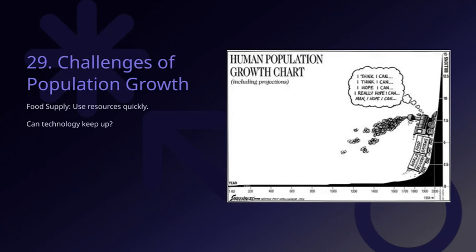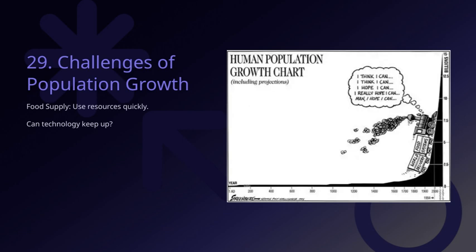Can technology keep up? Food supply, use resources quickly. As our population continues to grow, one of the biggest challenges we face is ensuring we have enough food to meet everyone's needs. Technology plays a crucial role here, but it's a constant race. Can it keep pace with the rapid consumption of resources?